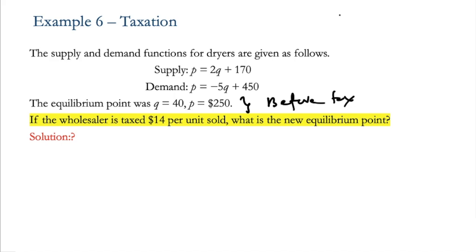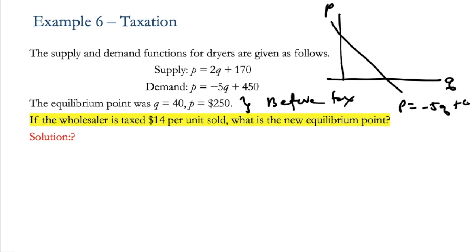Okay, so if we try to visualize it in the form of a graph, we have quantity here, and price here. If you draw the curve based on what I taught you last time, how to draw a linear curve, then you should know that the demand curve looks like this. This is the demand curve, before tax.